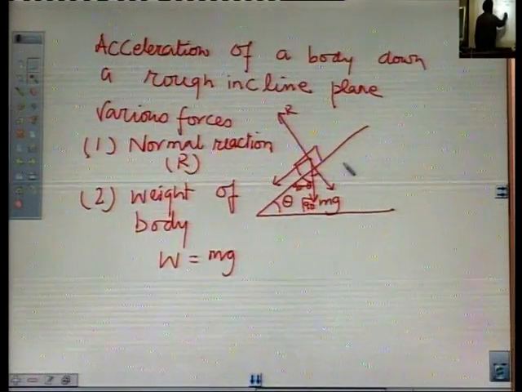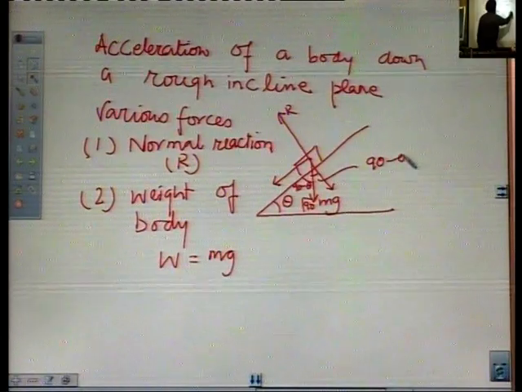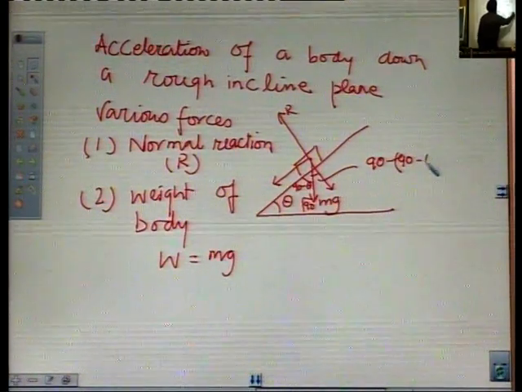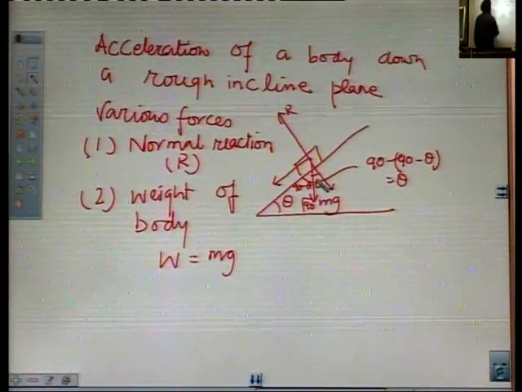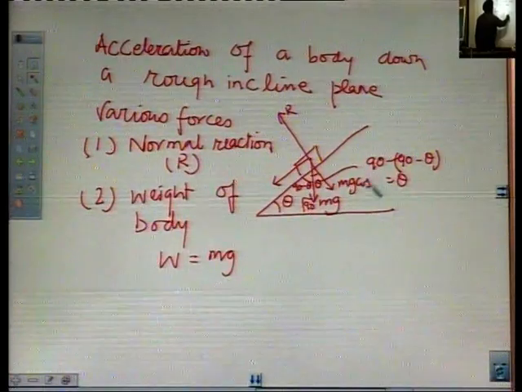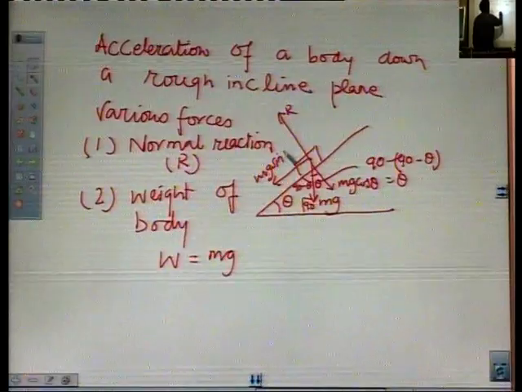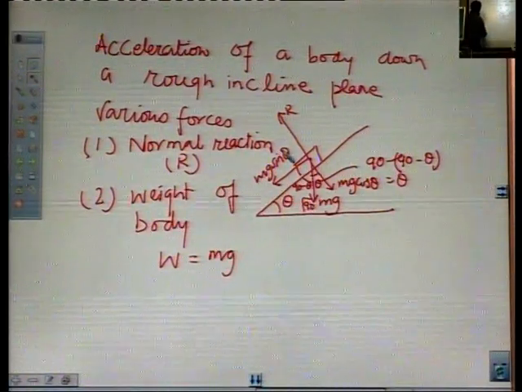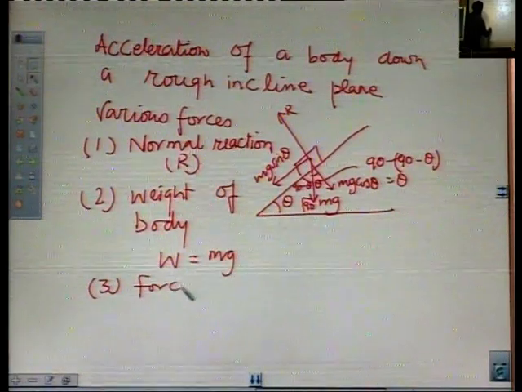So, this angle is 90 minus 90 minus theta, theta. So, this component is mg cos theta and this component is mg sin theta. Third force that acts is force of friction.